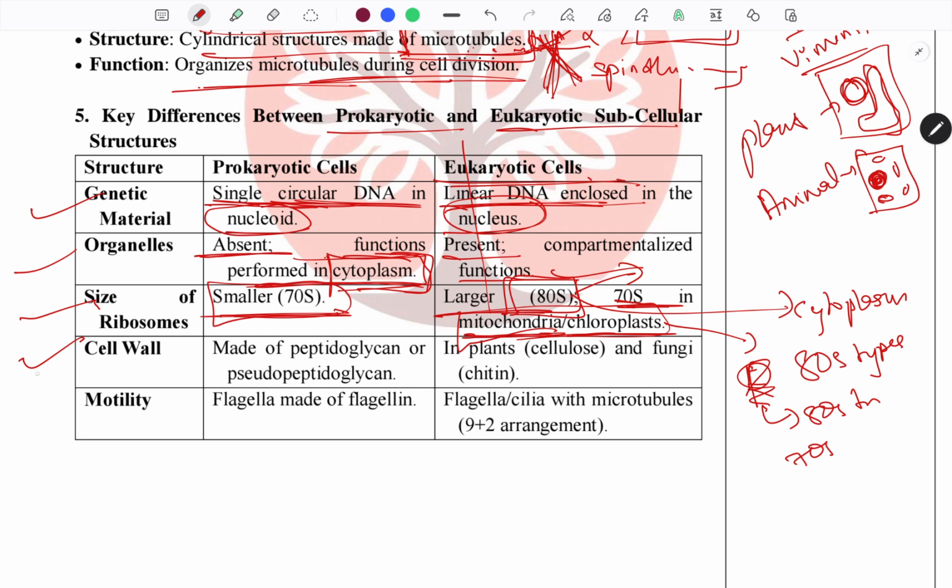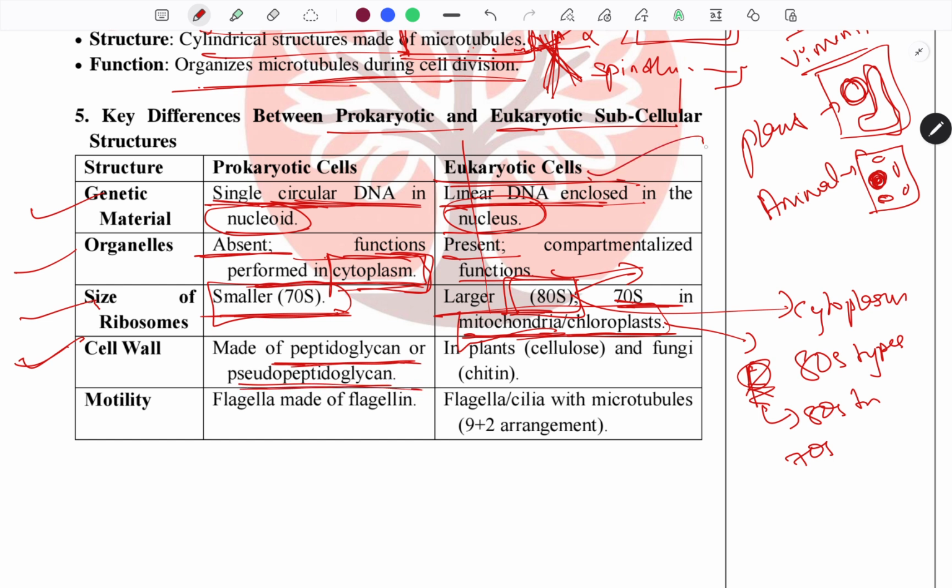If you are talking about the cell wall, in prokaryotic cells the outermost layer is the cell wall. It is made up of peptidoglycan, and in archaea a pseudopeptidoglycan layer is present.